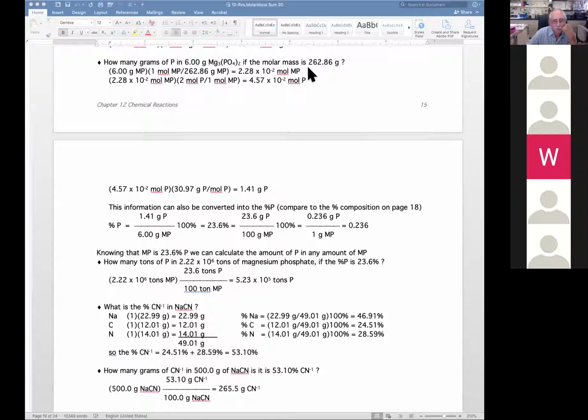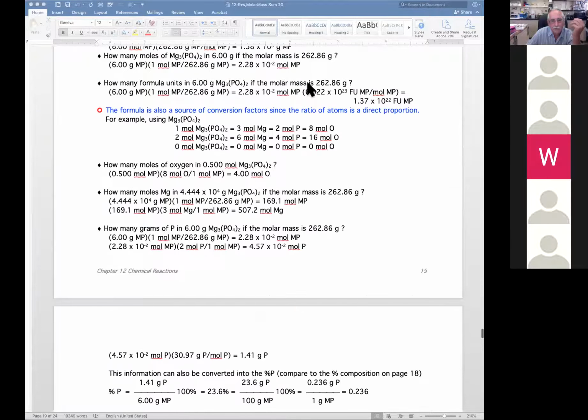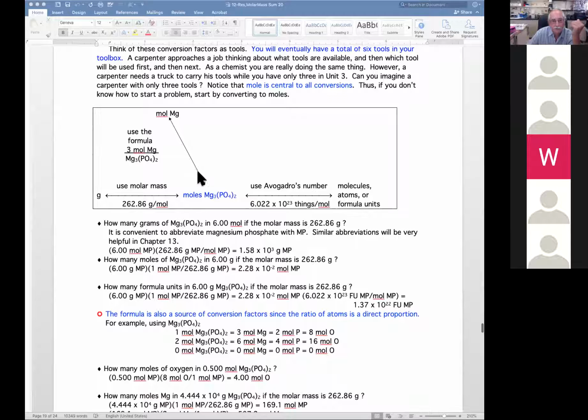Looking at the question again, they want grams of phosphorus. I don't have a way to go from moles of magnesium phosphate to grams of phosphorus, but I do have a way to go from moles of magnesium phosphate into moles of phosphorus.